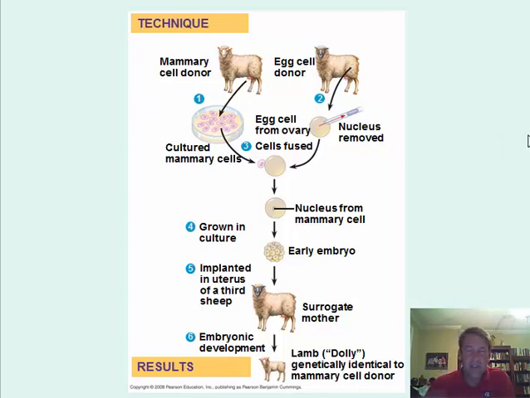This was first done in 1997, I believe, and they cloned a mammal, the first mammal that was cloned in '97, the famous Dolly the sheep. So Dolly was the first mammal that was cloned. Now it actually died prematurely, but this is the technique that was used, and it's still used in cloning processes today.